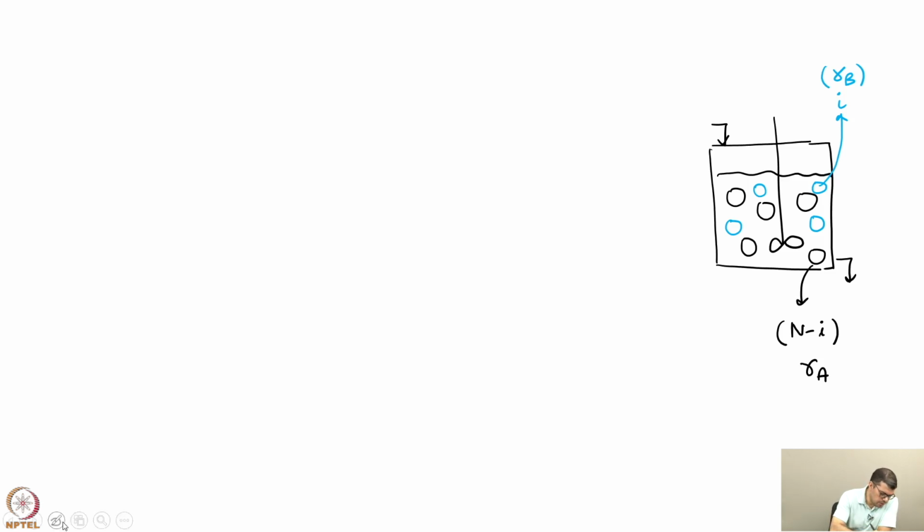So in the last video we calculated two transition probabilities. The first one was the probability that the system will go from I to I minus 1, which happens when a B individual dies and an A individual is born.